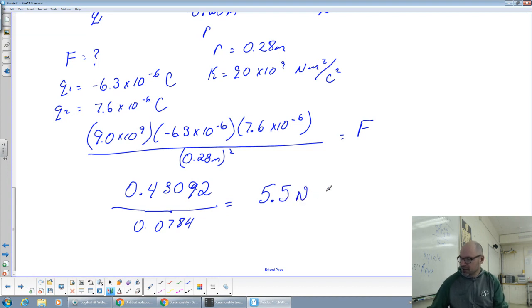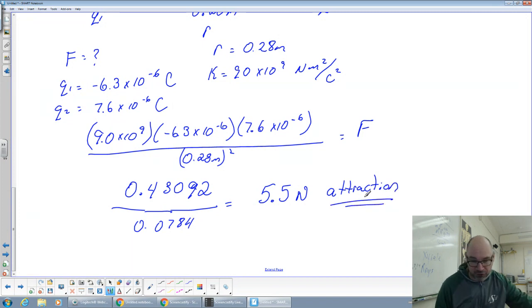Newtons. Okay, and because it's opposite charges, it's going to be attraction. If it's the same charges, it's going to be repulsion. So that's an example of Coulomb's collinear law. Now we can also have some that are vectors as well, and we'll look at those later.